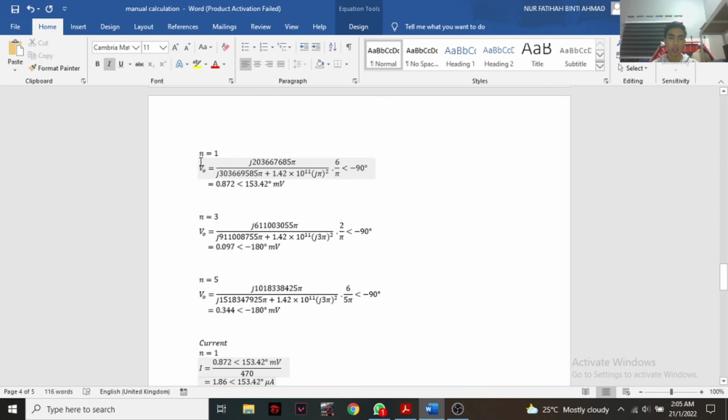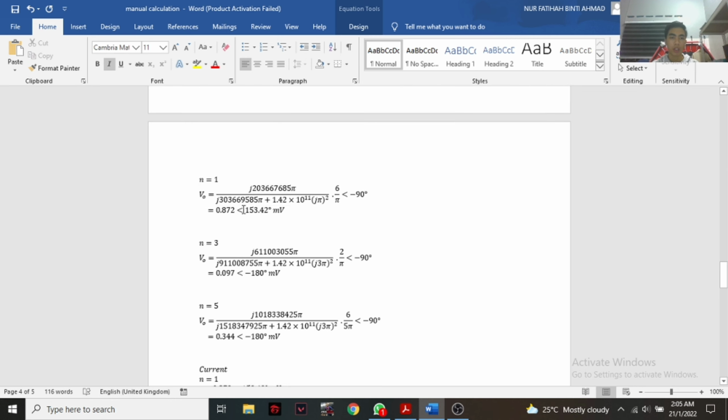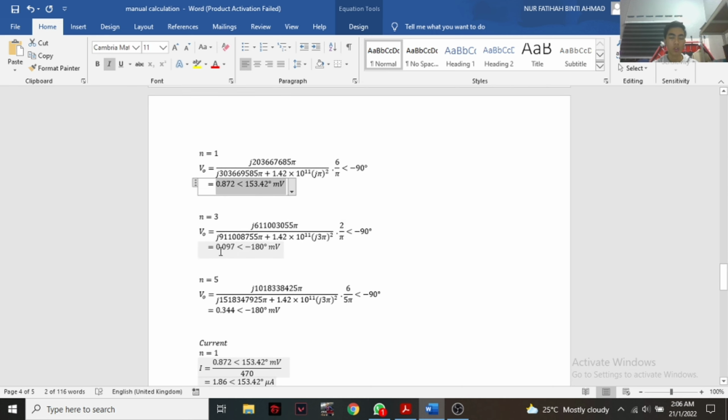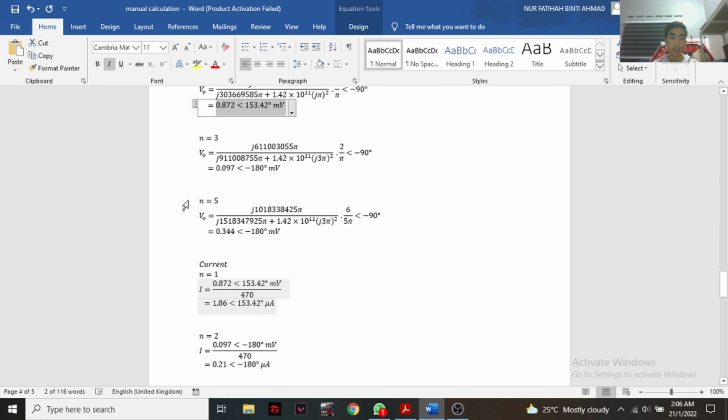For n equal to 1 for the V node, we use this formula and we get the answer, which is 0.872 at 153.42 degrees millivolt. For the n3 we get 0.097, with the angle negative 190 degrees millivolt. And for the n5 we get 0.344 with the angle minus 180 millivolt.